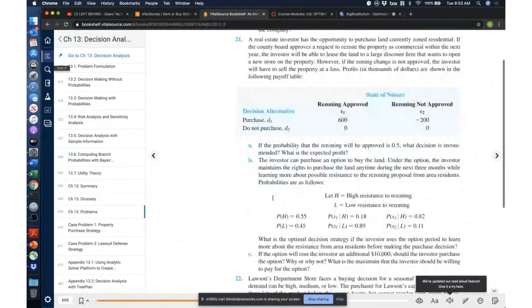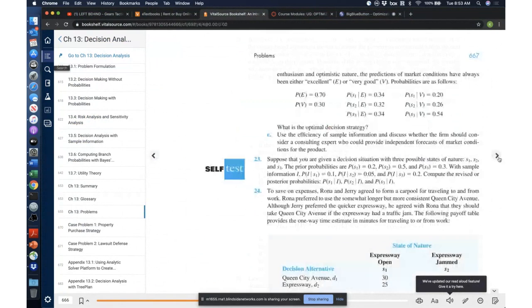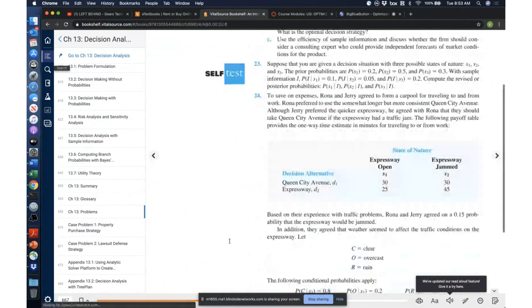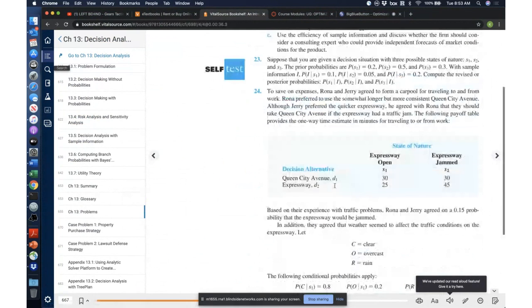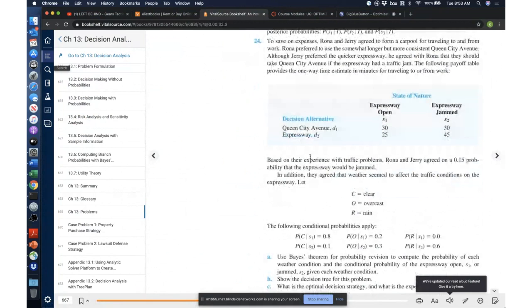Let's see if I can do problem number 21. So I'll try to do some part of problem number 21. But you know what? Let's try problem number 24 and see how this works out. So I will do some part of problem number 24, maybe till I draw the decision tree, the calculations themselves.